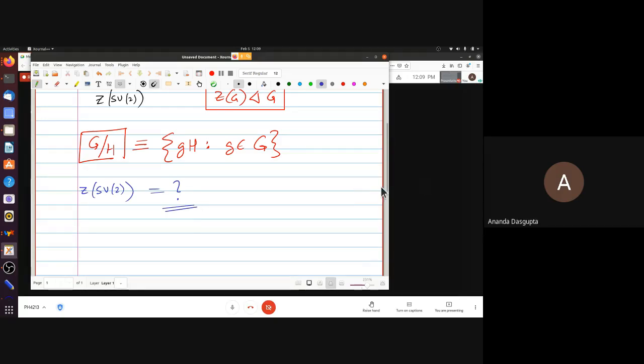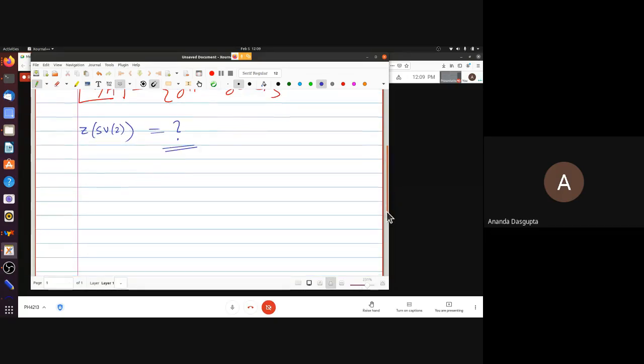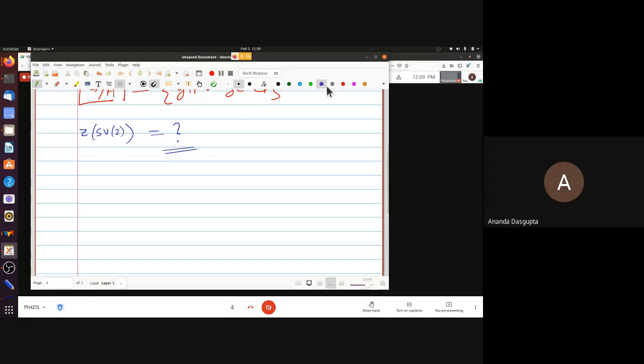But that hard work is actually not very hard, because you should remember that we already know that all elements of SU2 are of this form, right? Is there any problem with this statement?